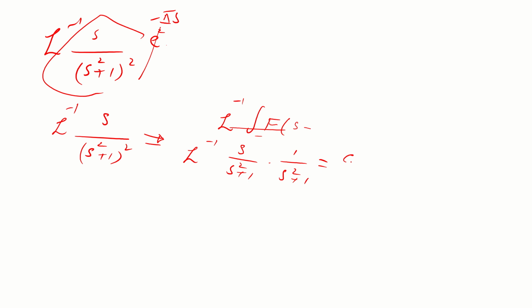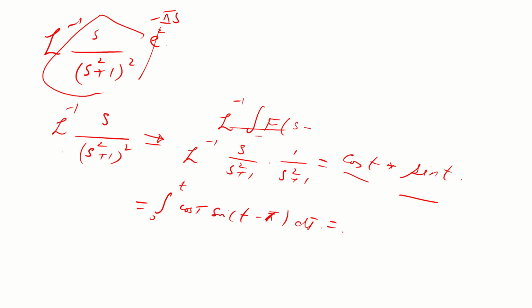This is cos t convolved with sin t, right? So you can simply write the solution in this form as well, and then we write from 0 to t. This will be cos tau into sin (t minus tau) d tau. So once you find the Laplace inverse from here, you just integrate this one.